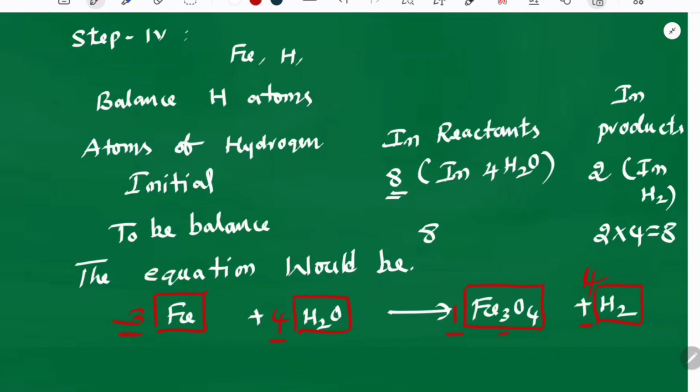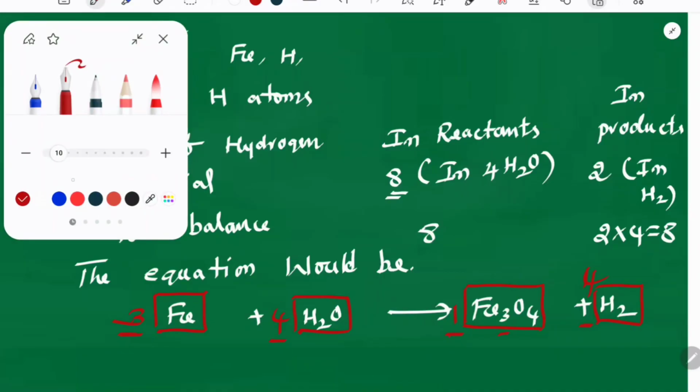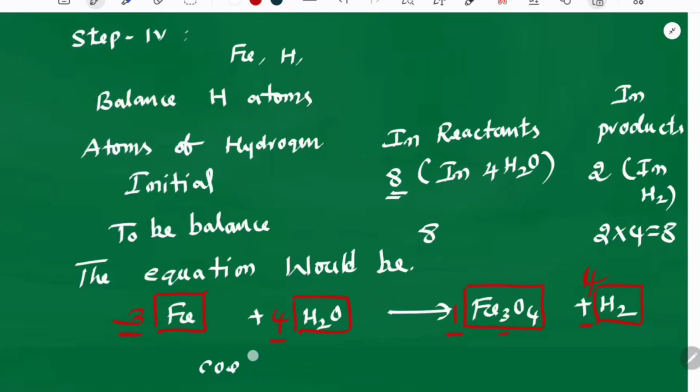Here 4. These are called coefficient numbers. Before the formula, whatever number we write, that number is called the coefficient number.